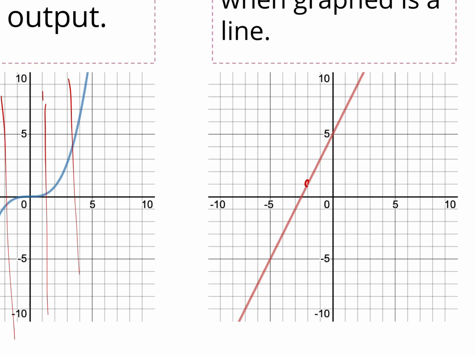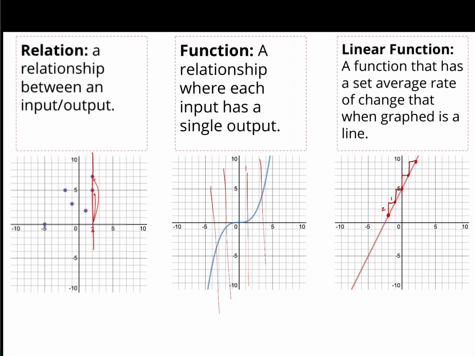We can see that in between the points, we have a slope of up 2 over 1, up 2 over 1, up 2 over 1. It's consistent, okay? That pattern where your rate of change stays the same is what makes it a linear function.